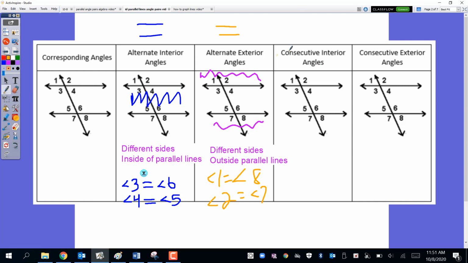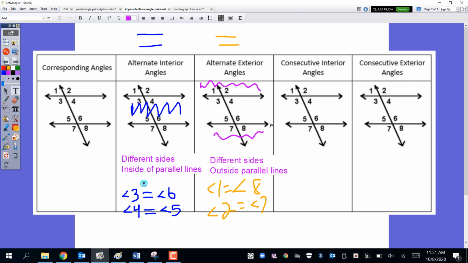All right, now we're going to talk about consecutive. We said that consecutive meant they were on the same side of the transversal, and interior means they're inside the parallel lines.